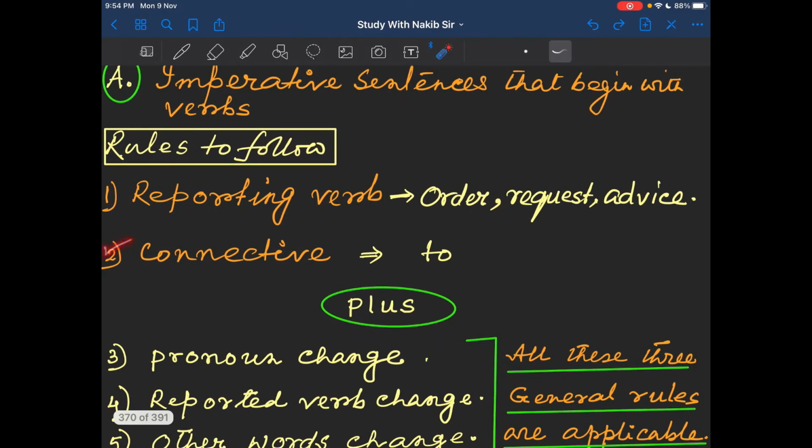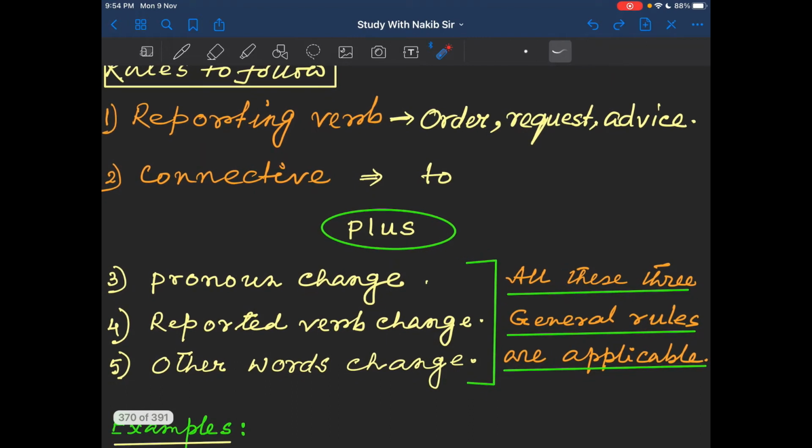And rule number 2 is about the selection of connective. You know, here the connective is to. So you have got the first rule and the second rule, and with these two rules you have to follow all the three general rules.